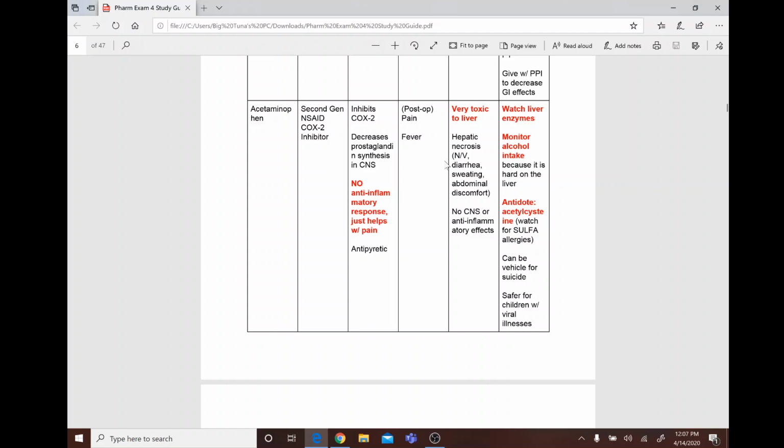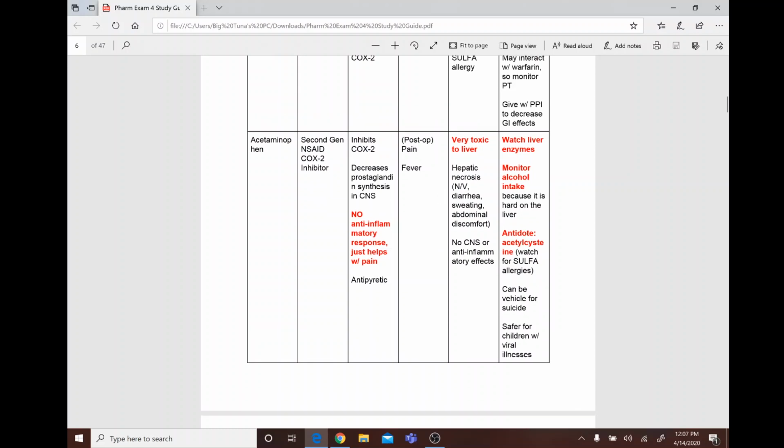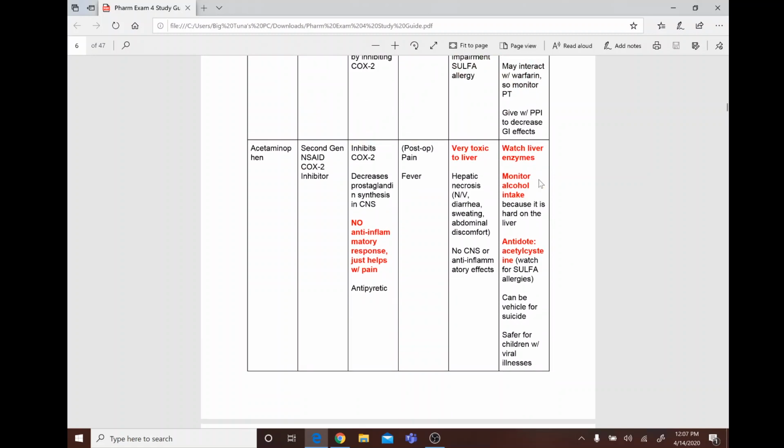What is acetaminophen used for? Post-op pain and fever. What are the side and adverse effects of acetaminophen? So it's very toxic to the liver, and you could have hepatic necrosis, so like nausea, vomiting, diarrhea, sweating, and abdominal discomfort.